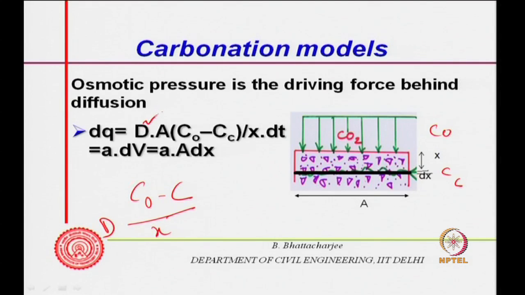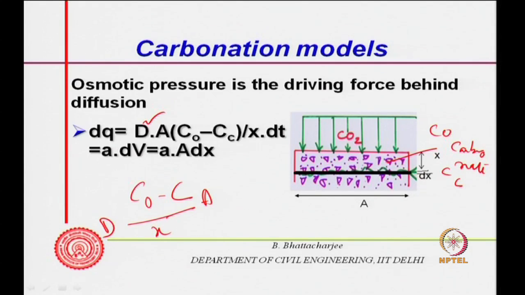D is the diffusion coefficient, and if A is the area, flux is per unit area. So, dq is the quantity of carbon dioxide coming to this dx element. This is already carbonated up to depth x, like we showed in the last diagram, and now the carbonation is occurring over this dx element.